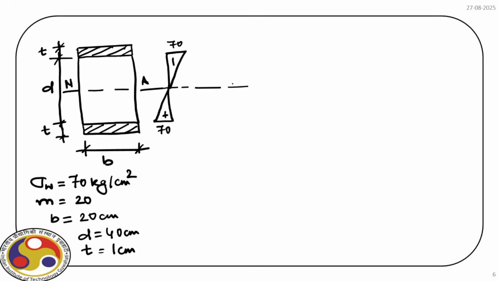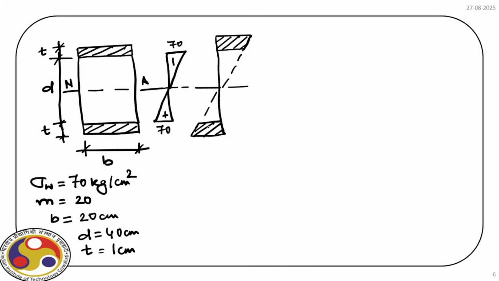Then for the steel part, we have again linear variation of stress, but because we have only the top and bottom cover, effectively this part of the stress diagram will be effective for steel plates, right?